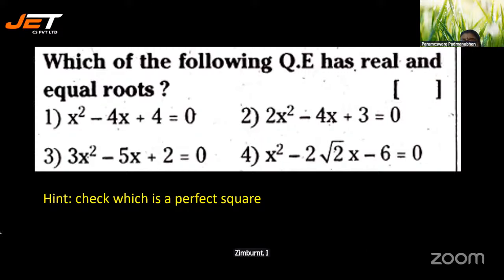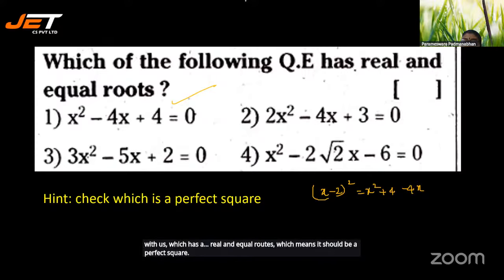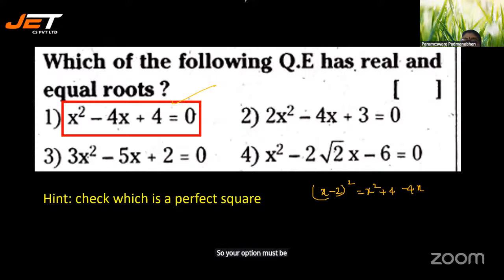I think you can try the first one itself, x square plus 4 minus 4x. So your answer must be option 1, because it has real and equal roots, which means it should be a perfect square.